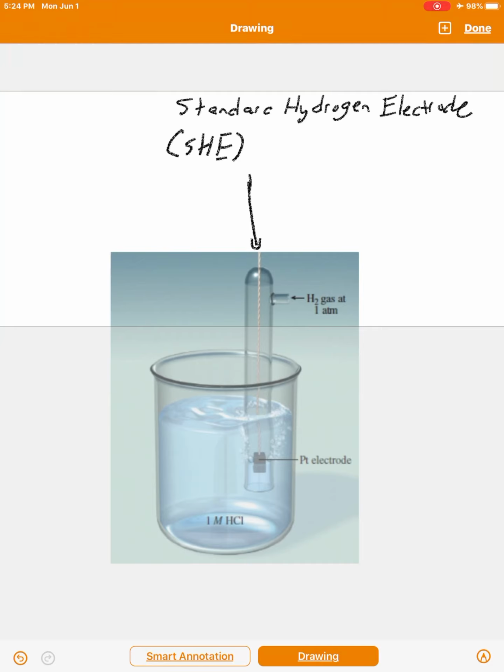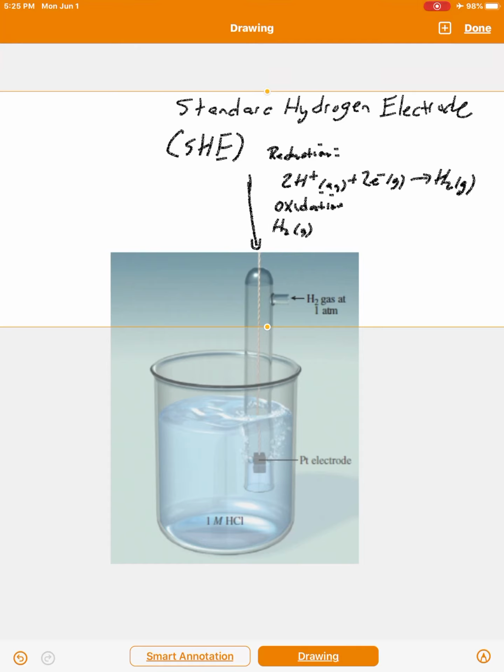So that's what's kind of interesting about the choice of the standard hydrogen electrode over another type of electrode, is that hydrogen undergoes, for reduction, the reaction looks like this. 2H plus, 2 electrons becomes H2 gas. So that's what happens if it gets reduced. If it gets oxidized, it does the opposite. H2 becomes 2H plus and 2 electrons.